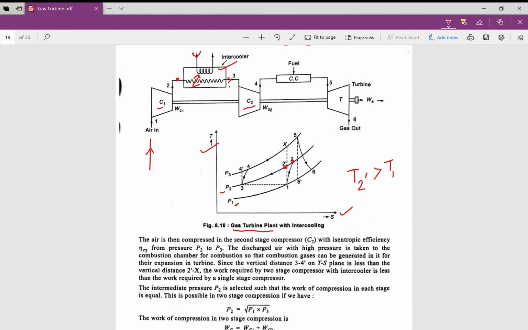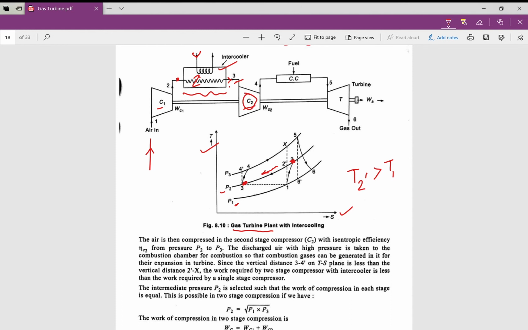So dear students, now process 2 to 3, from here to here, it is intercooled. That is, air is cooled now from temperature T2 to T3 in the intercooler, and then air enters compressor 2, that is C2.